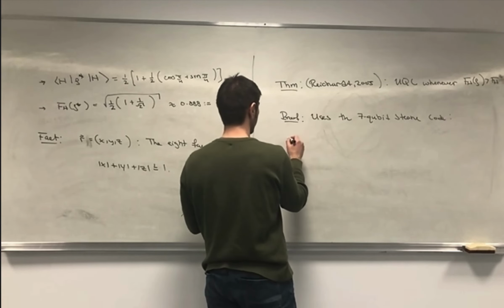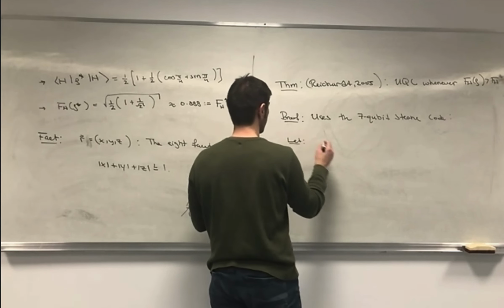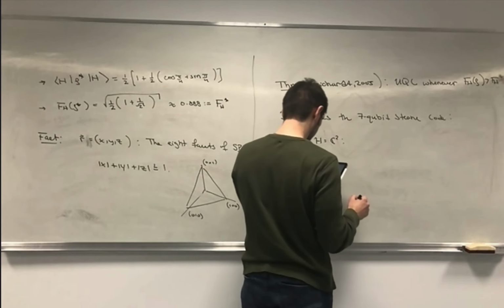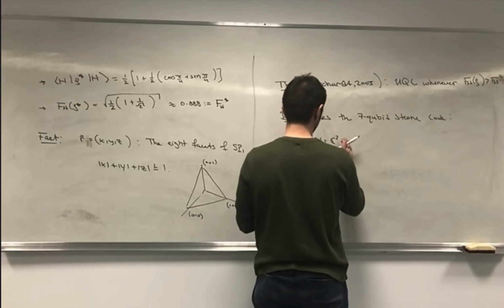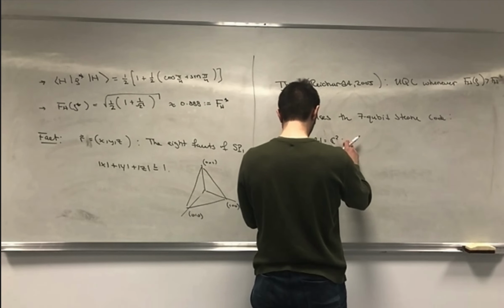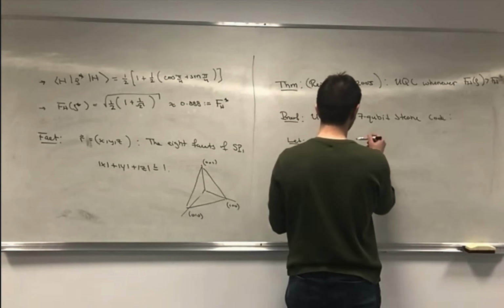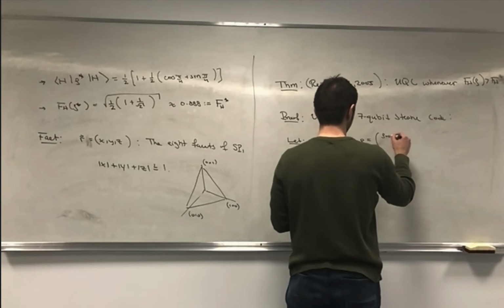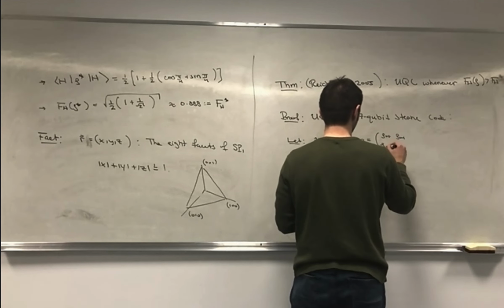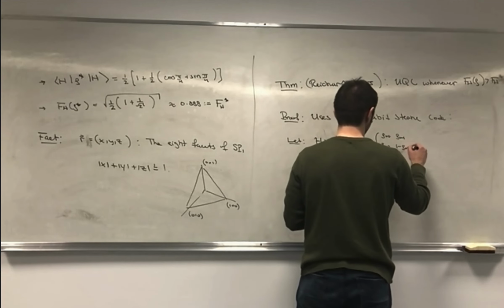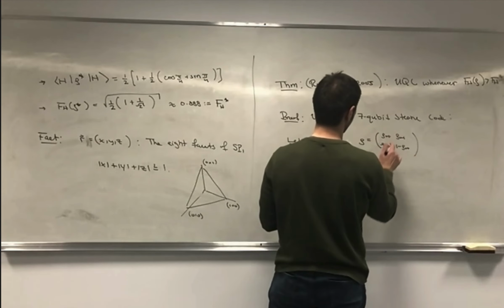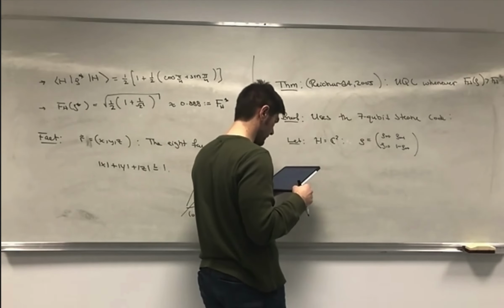So for a single qubit, we can write the density matrix as rho_00, rho_01, rho_10, 1 minus rho_00, subject to the eigenvalues being greater than or equal to 0.